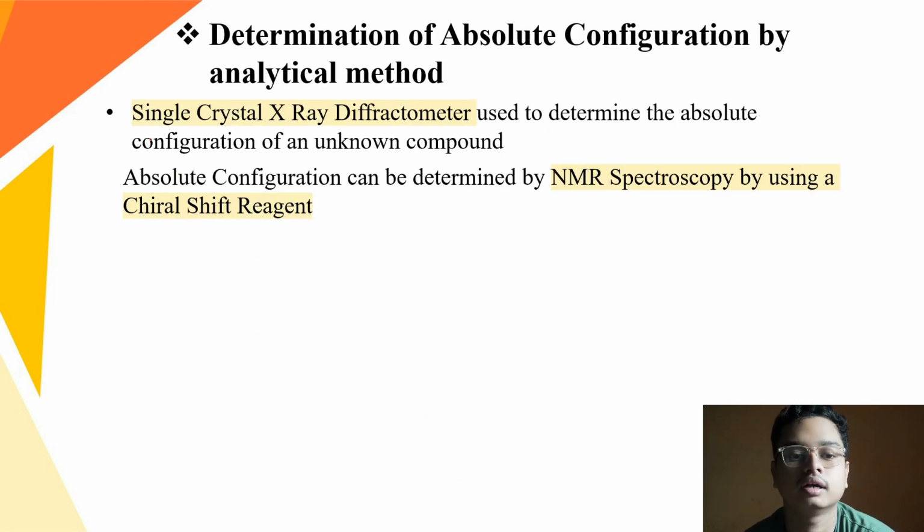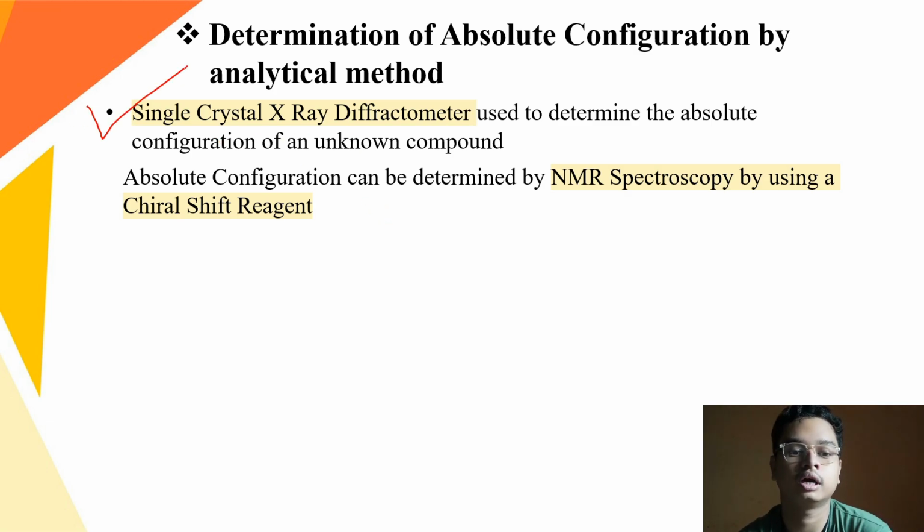Now, suppose you have generated an unknown chiral compound and you want to determine its absolute configuration by an analytical method. Since the compound is completely unknown, you don't know how it is oriented through space. So how can we analytically determine the absolute configuration of your unknown compound?